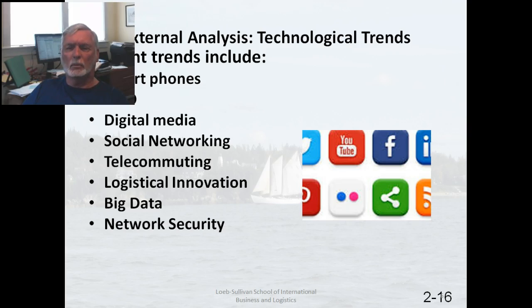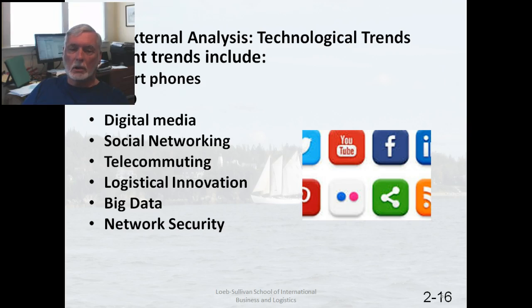And maybe at some point we'll talk about some of those things that you can do to overcome changes in those technological trends. Big data is currently a big part of technological changes companies are using, and the availability of big data is allowing people really to do what we're talking about, allow you to target customers better, to understand what they do better, and therefore it's changing how we approach marketing.